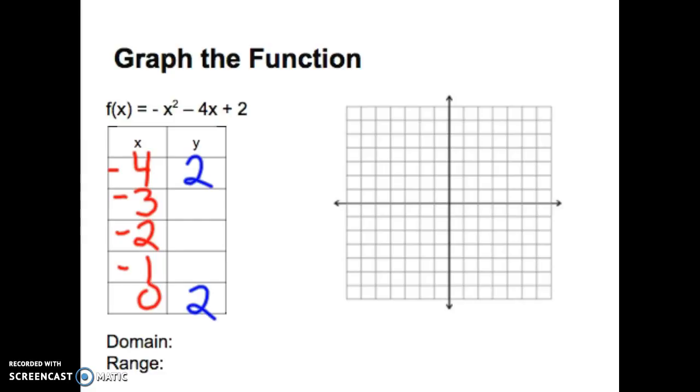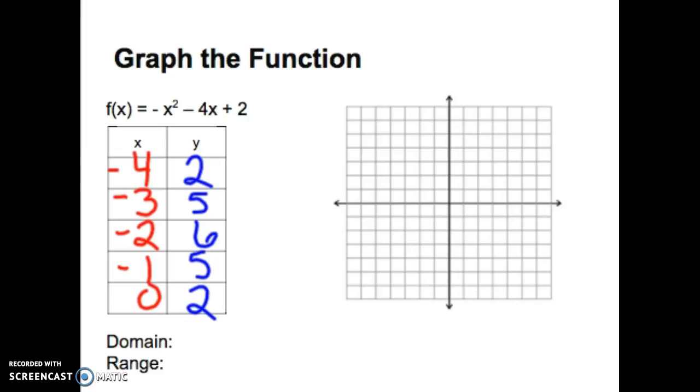Remember that we get symmetry with our parabola. If we plugged in negative 3, we'd end up getting 5. Same thing for the negative 1. And last but not least, we have our vertex, in which we end up getting 6.